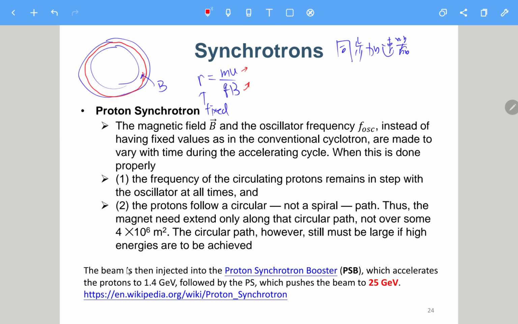In Wikipedia, it mentions that the beam is injected to the proton synchrotron booster, a front end, to accelerate the particle to a specific level of energy, like 1.4 giga eV. That is the output of the synchrotron booster, and then it outputs to a proton synchrotron, which pushes the beam to 25 giga eV. So if you have interest, you can check it out.